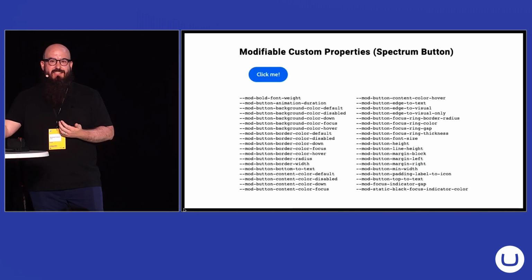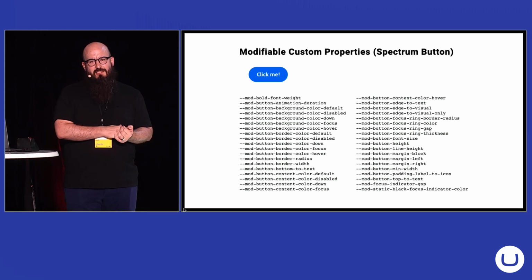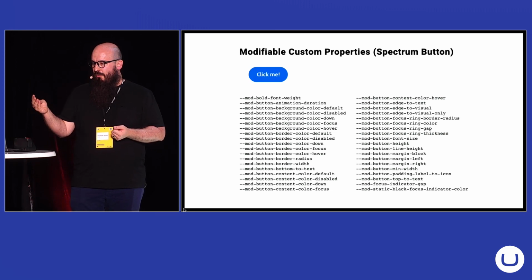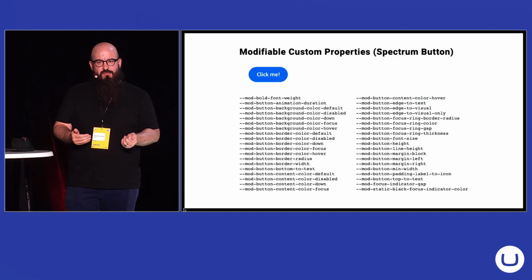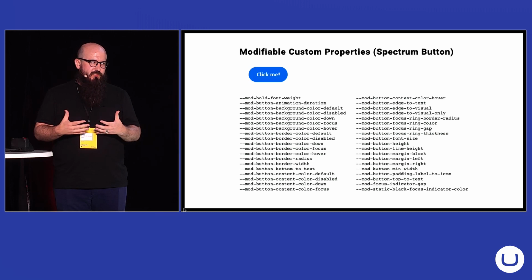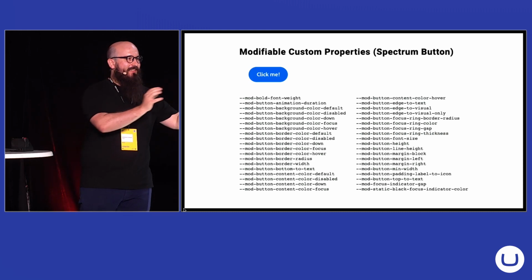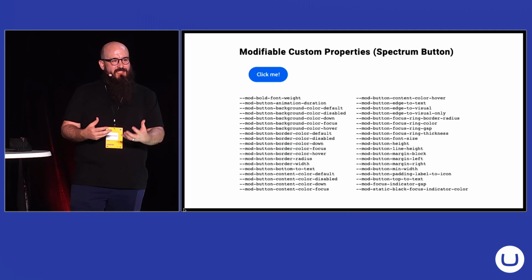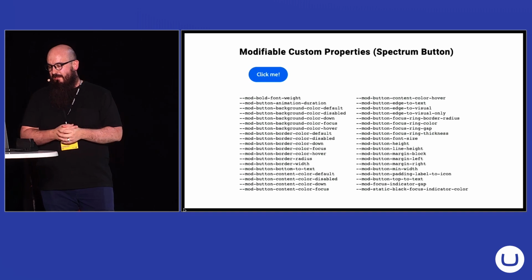In fact, there are this many places. These are all of the CSS custom properties that are allowed within the Spectrum language for you to customize that button. Here we've not used any CSS parts, as we saw in our previous demo, because Spectrum is a controlled language, and the goal for the ecosystem is that you don't get to make a completely different button, but you have some options to massage the button and work within the system as outlined by these CSS custom properties.